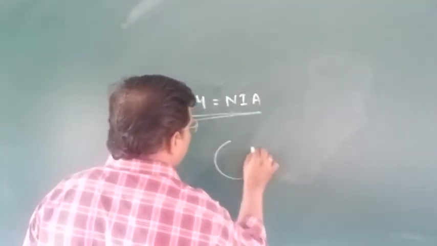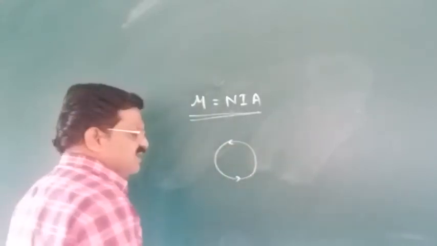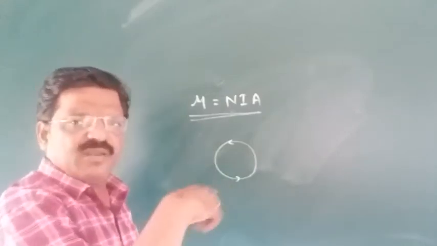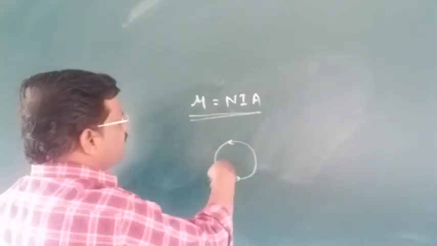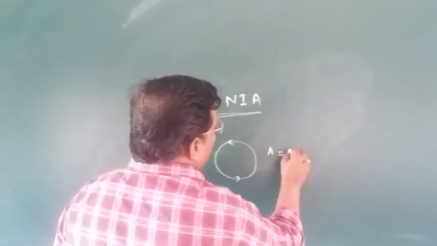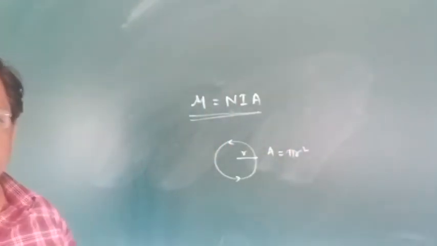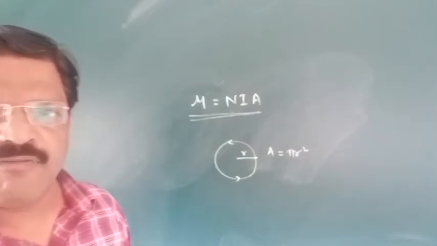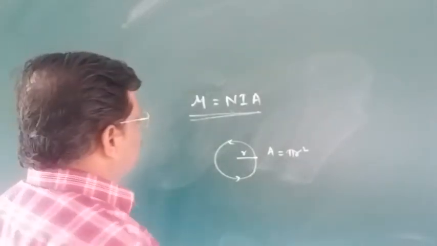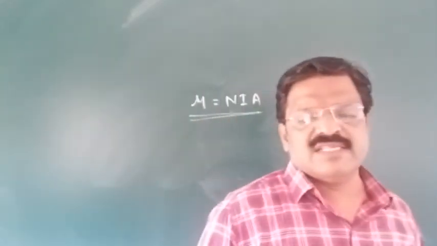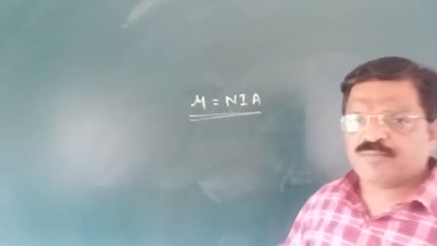Suppose we have a coil passing current in anti-clockwise sense, and this coil has N number of turns, and A is the area of the coil. A is equal to pi r square, because r is the radius of the coil. The coil is circular, so the area formula will be pi r square. So mu is equal to NIA, this is the magnetic dipole moment.